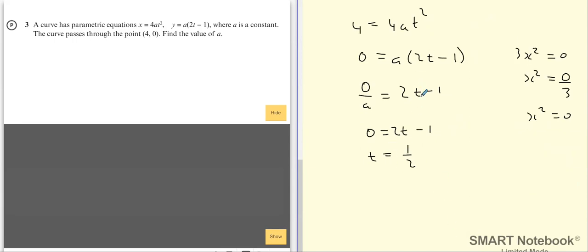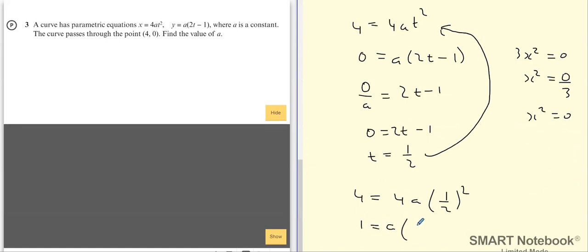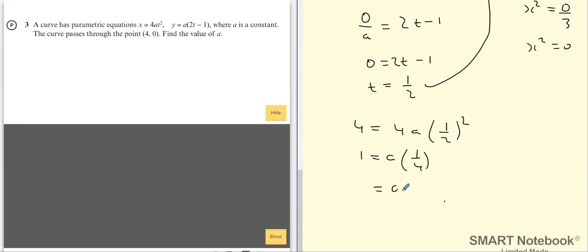If t is equal to a half, I can now substitute that in here. So we get 4 equals 4 times by a times by a half squared. So I get 1 equals a times by a quarter, and a therefore is equal to 4.